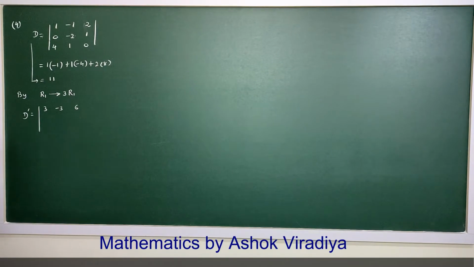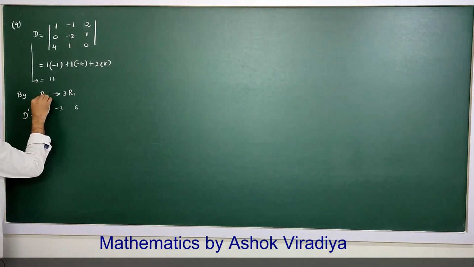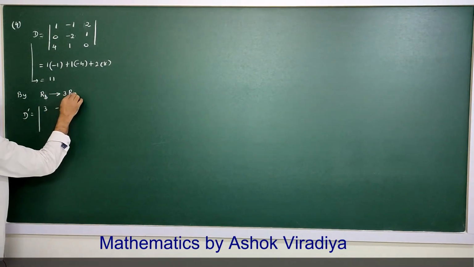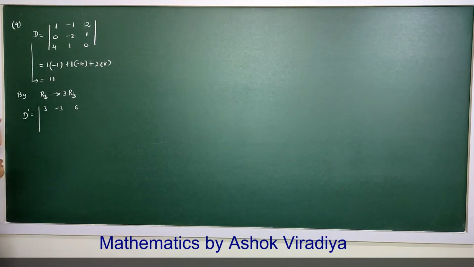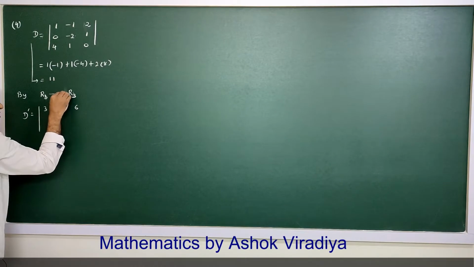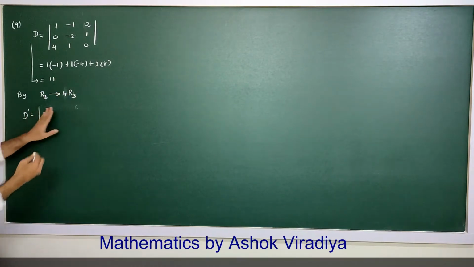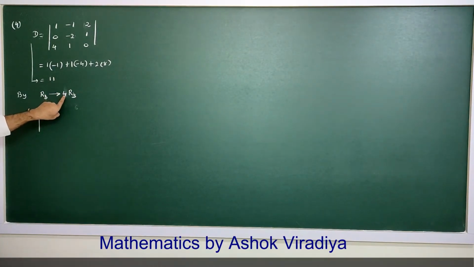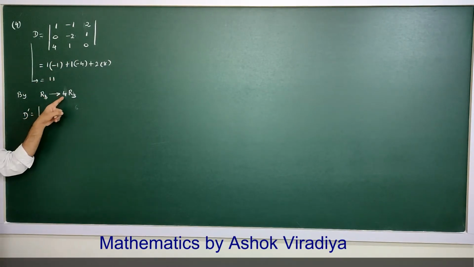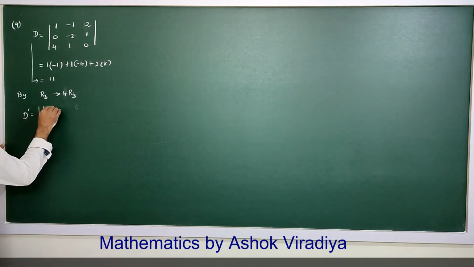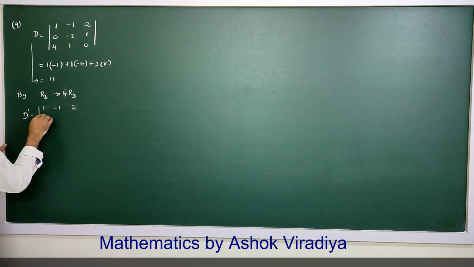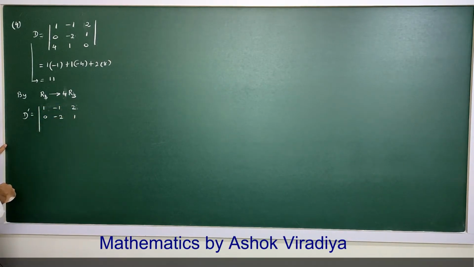Instead of that, if you want to multiply the elements of the third row by 3 or by 4, suppose the third row we multiply by 4, any real number can be taken here. Multiplying the elements of the third row by 4, first row as it is, second row as it is.